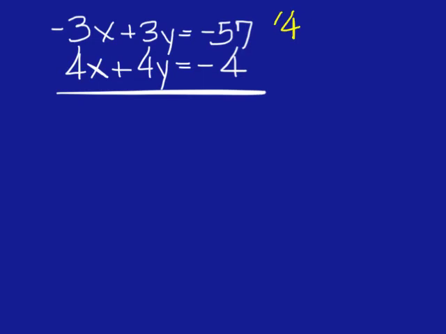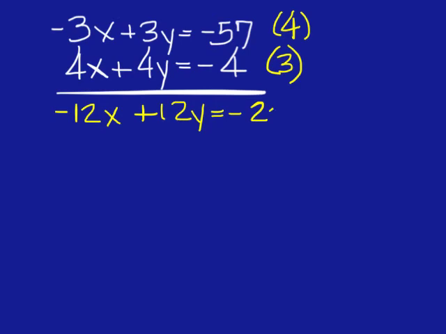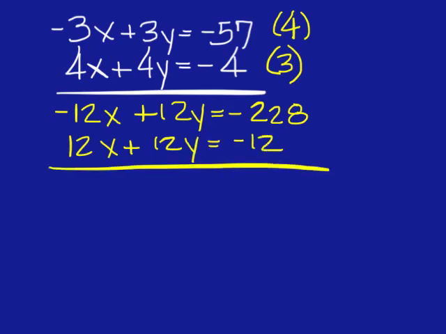You need to multiply the top by 4, the bottom by 3, so you can get 12s. Therefore, it's a negative 12x plus 12y equals a negative 228. And on the bottom, it's 12x plus 12y equals a negative 12.